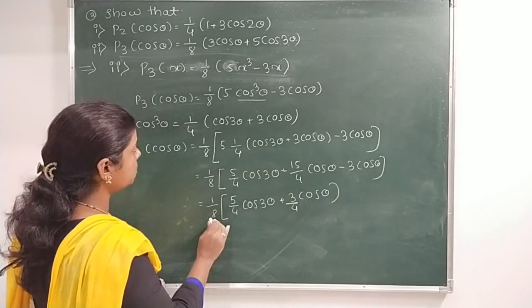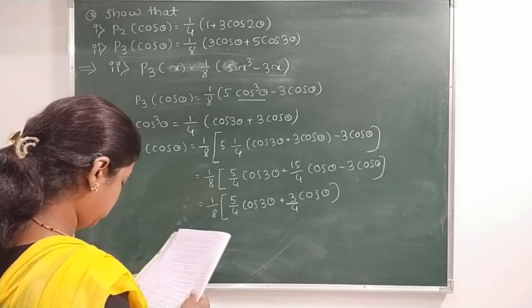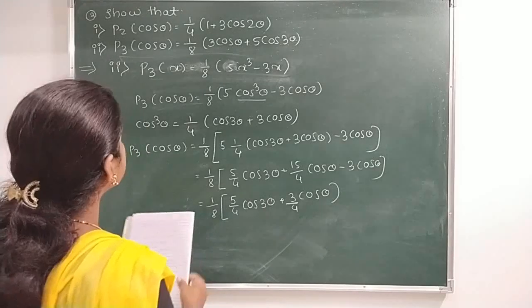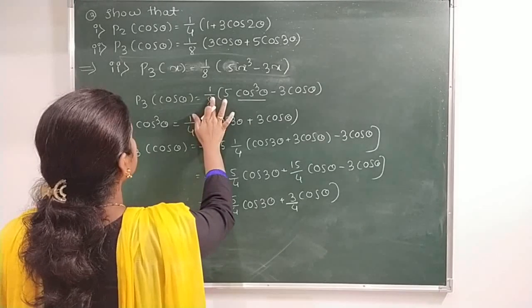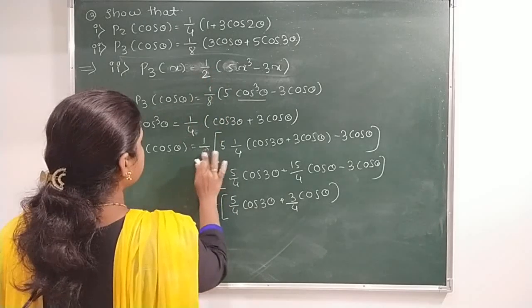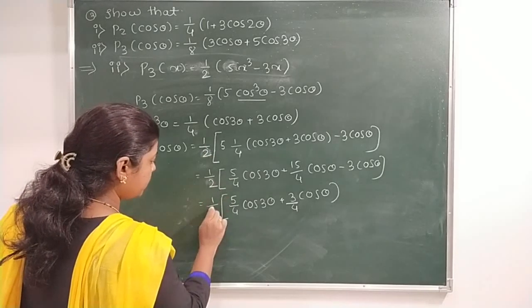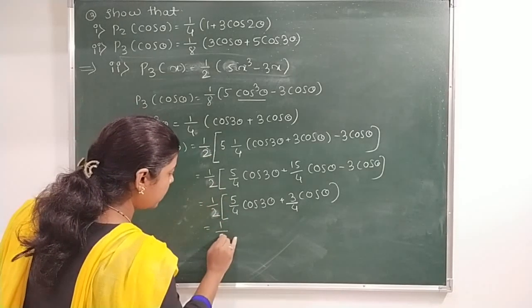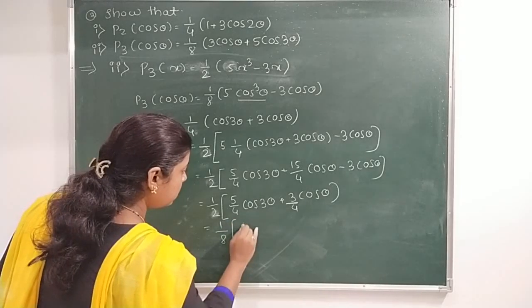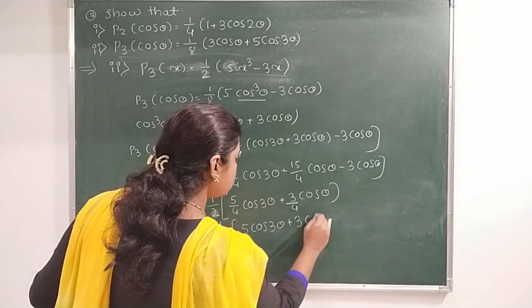This is a 1 by 2. That we have to prove in terms of 8. Now it becomes 1 by 8, 5 cos 3 theta plus 3 cos theta.